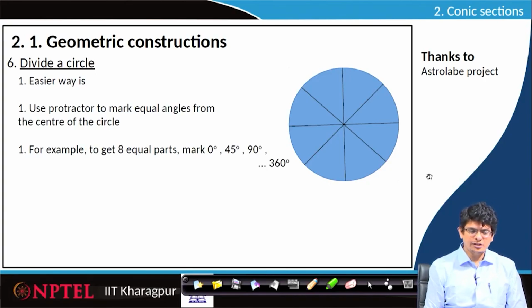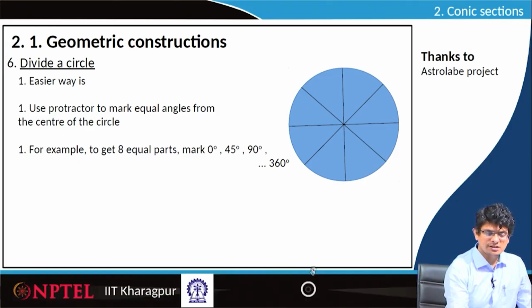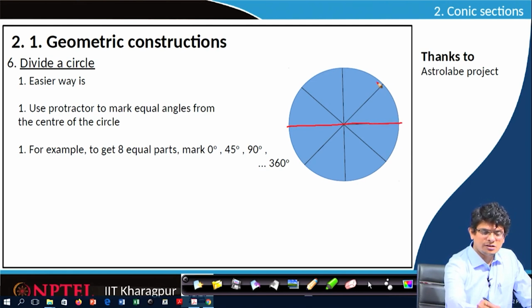Use your protractor, mark equal angles. First construct a line, use your protractor, and mark particular points.